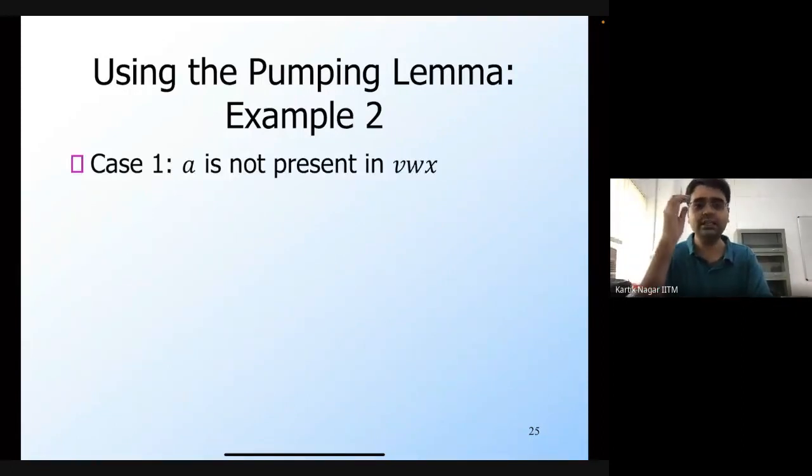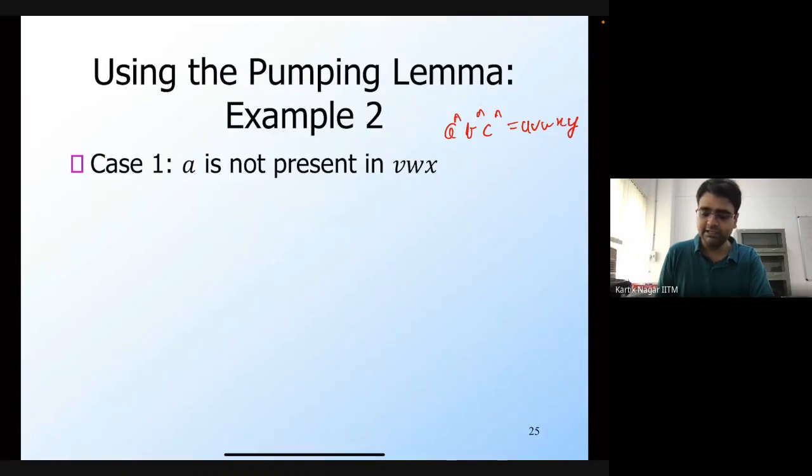So let's consider the case where a is not present in vwx. Again, a^n b^n c^n equals uvwxy, and this vwx does not contain a. We have just shown that vwx cannot contain all 3 symbols, and we have considered the case where vwx does not contain a.